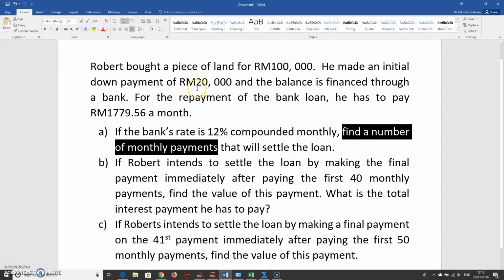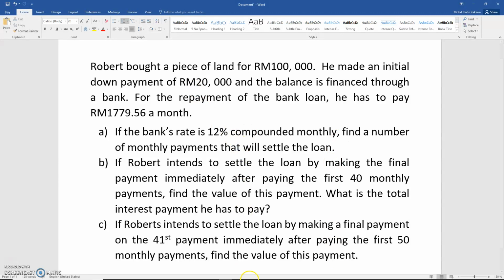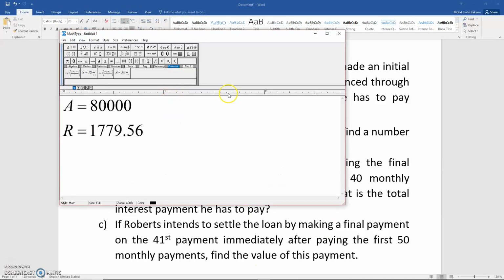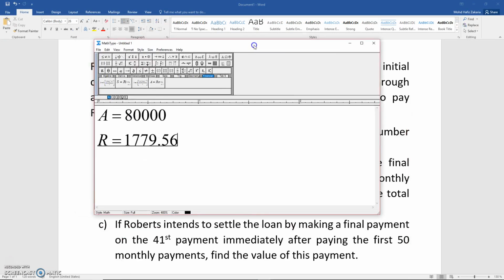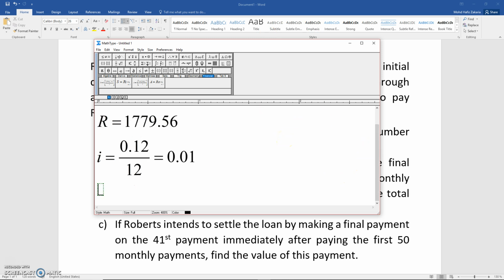This is asking us to find the N. The bank rate is 12% compounded monthly, so the I is 0.12 over 12, which is 0.01. Now that we have all of the information, let's try to answer question A.